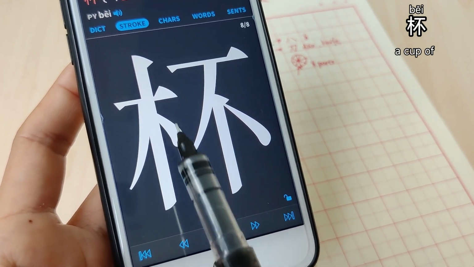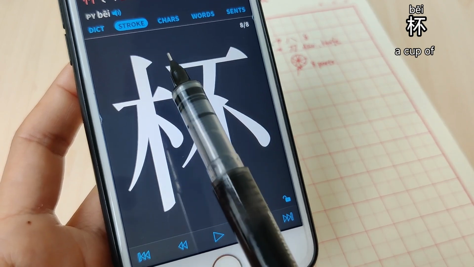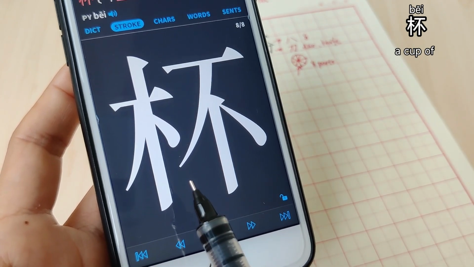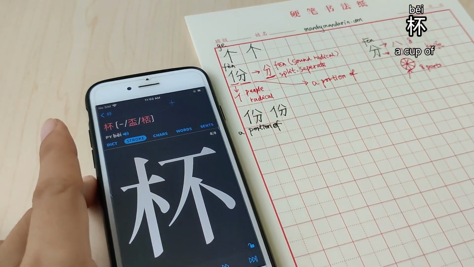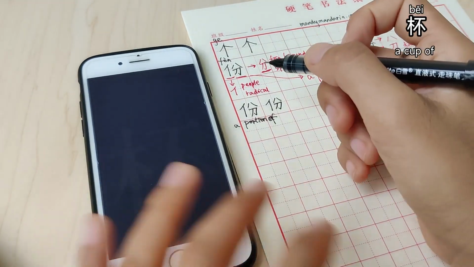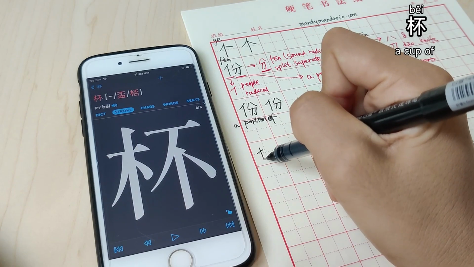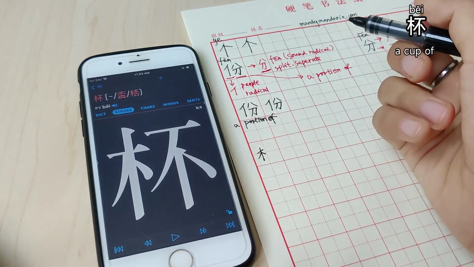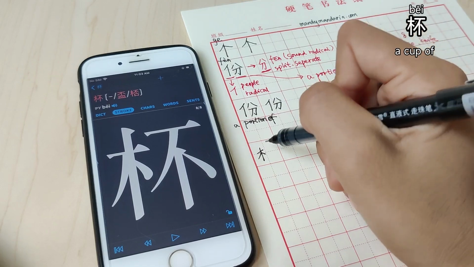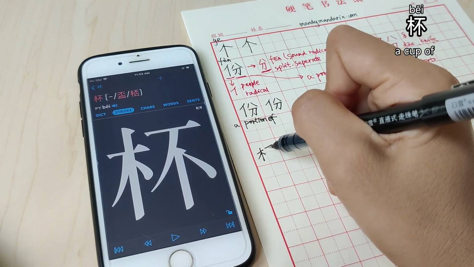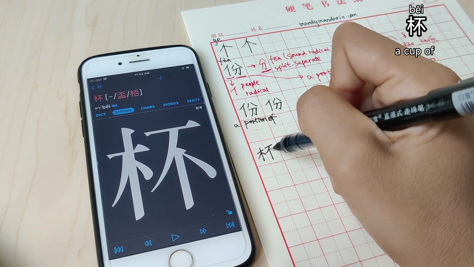And on the left, we have the wood radical. Okay. So from the left to the right. 1, 2, 3, 4. And then the right part. 1, 2, 3, 4.